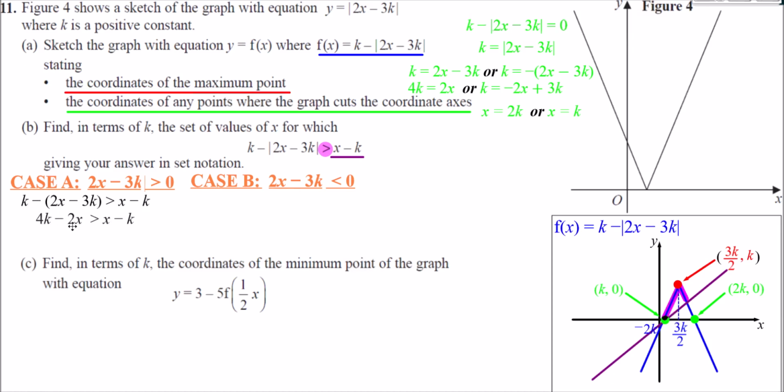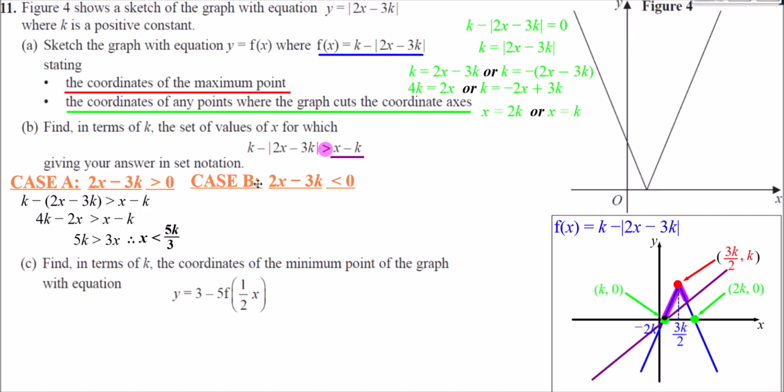So I've got 4k minus 2x equals, it must be greater, sorry, than x minus k. I can then simplify this. I can then perhaps add 2x to both sides, and then add k to both sides as well. So that will give me that 5k must be greater than 3x. But if I divide everything by 3, I can then see that x must be less than 5k over 3.